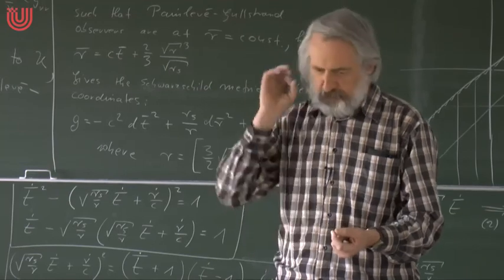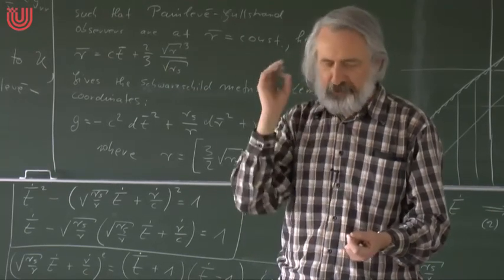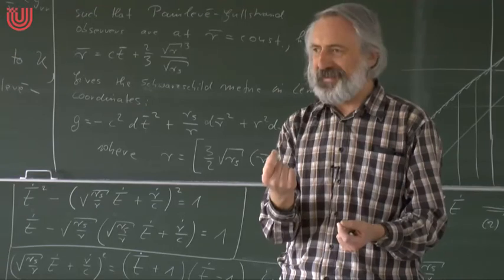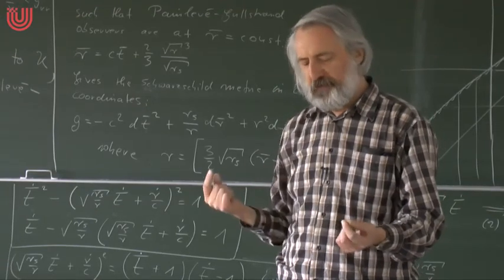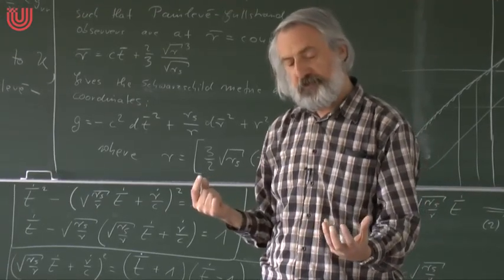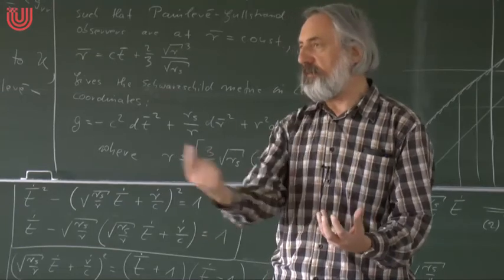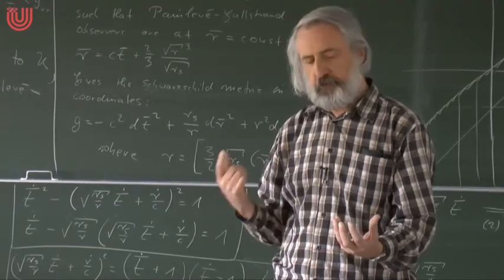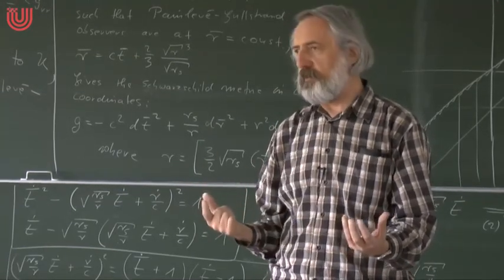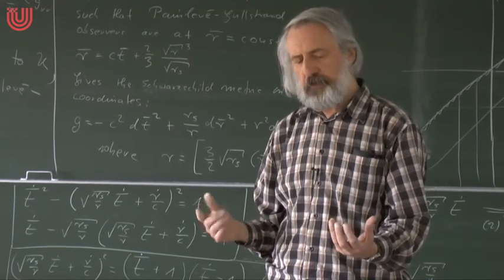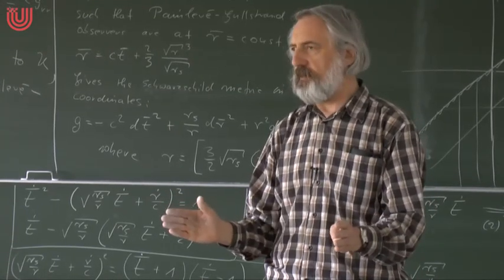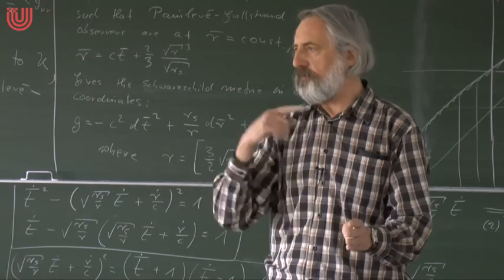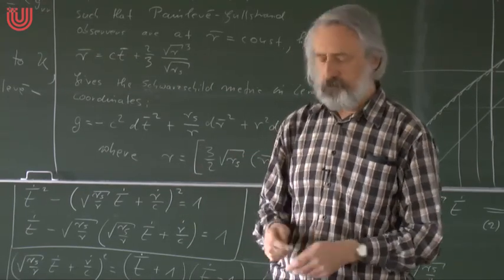Yeah? Because it will sound like plunging if you arrive at the center. But what is equally interesting is that you cannot orbit arbitrarily close to the horizon. There's something which is called the innermost stable circular orbit, and there's a gap between the horizon and this innermost stable circular orbit where you actually cannot orbit, and that's also something I want to discuss.